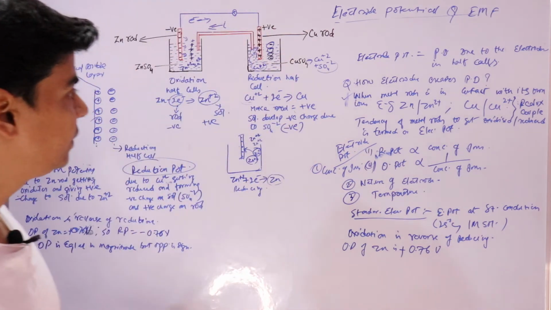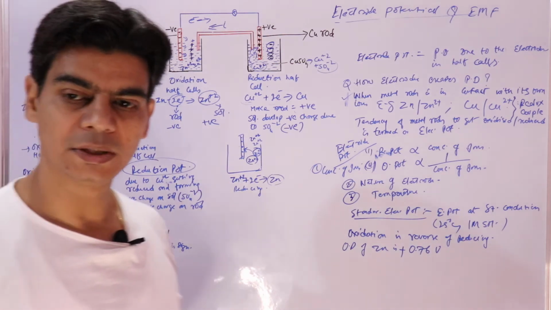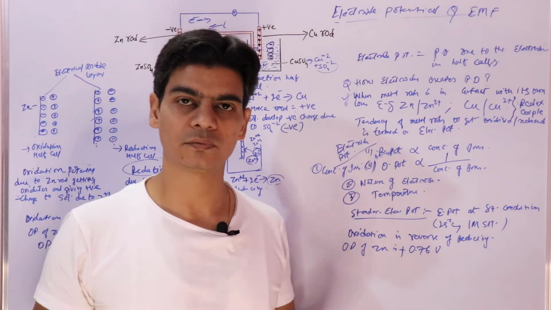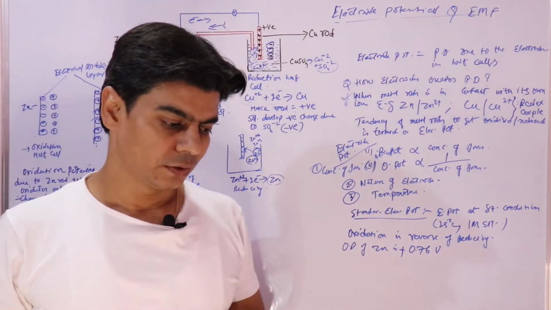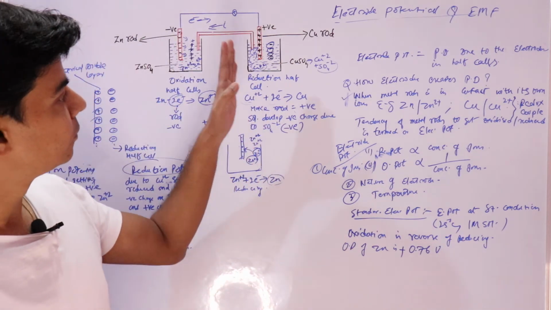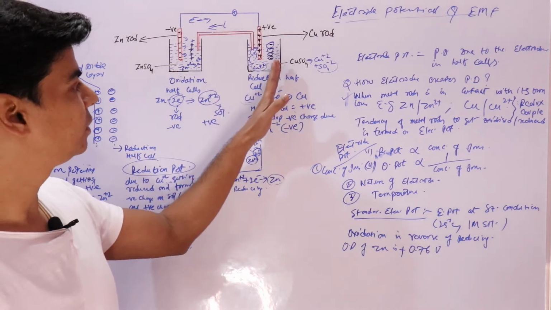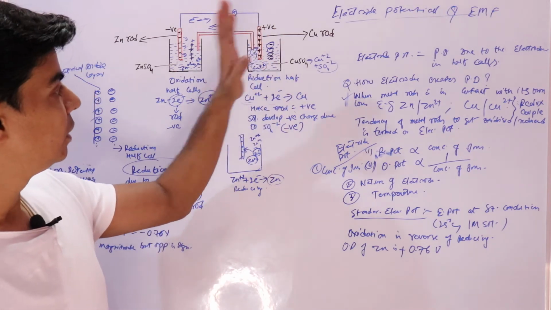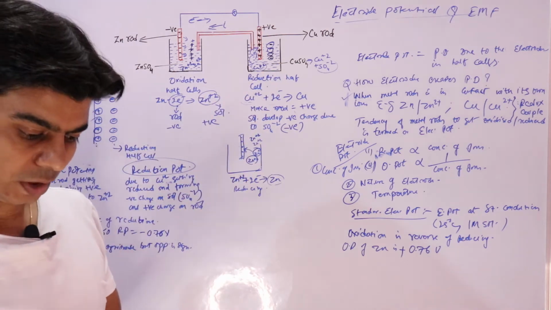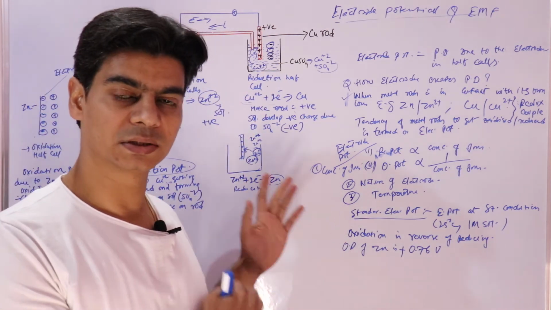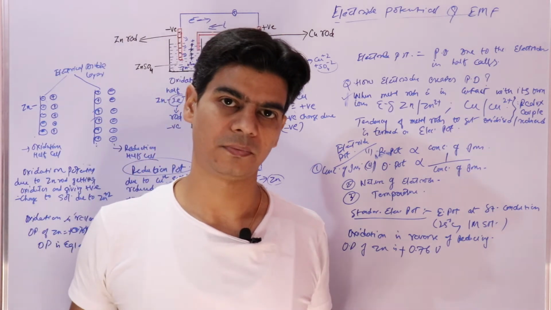If we go back to our first lecture on the working of this Daniell cell or electrochemical cell, we saw that current flows from the positive rod to the negative rod, that is, from cathode to anode. Since current was flowing in this cell, that means there exists a potential difference.